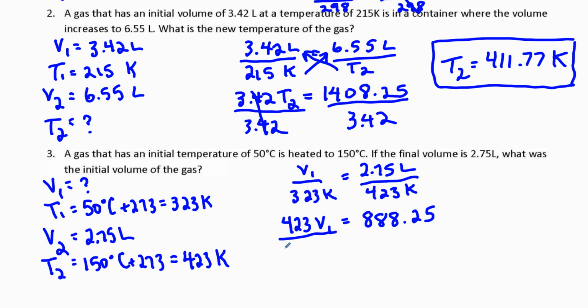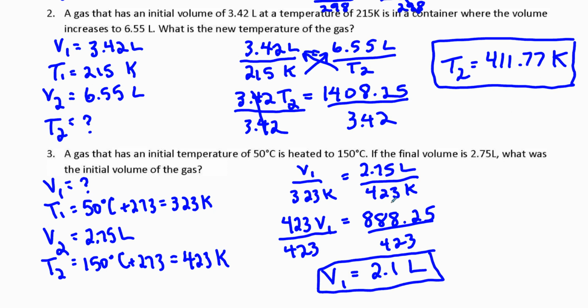Now I'm going to divide by 423 on both sides to get V1 is equal to 2.1 liters. Okay, so these are fairly simple calculations. The most important part is making sure to identify your variables correctly, and then it's just a matter of solving for the unknown variable. So go ahead and work on worksheet 4 to practice this skill.